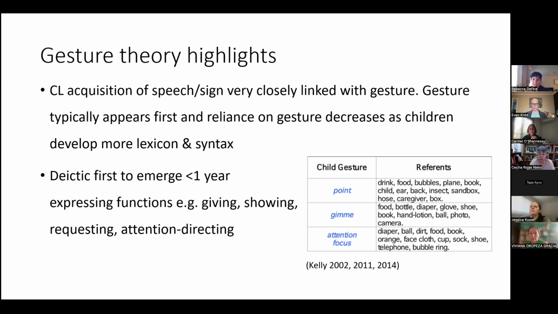So they can do things like giving, holding objects out to people, showing as well, requesting, holding hands out for objects, and attention directing points. Bob Kelly's done some great research on this in English, showing different forms of deictic gestures and their reference being used in this way.